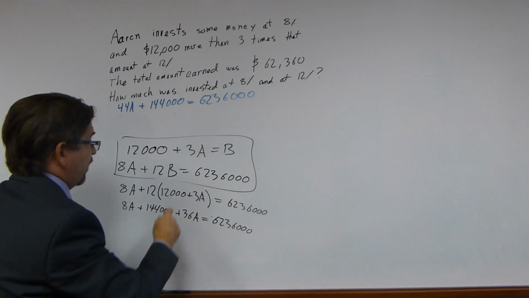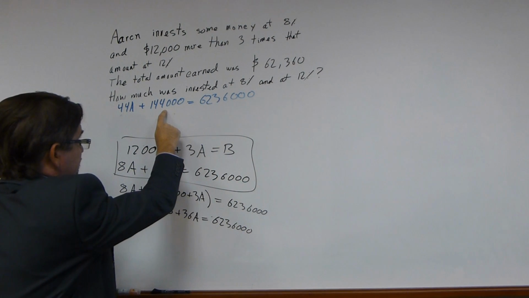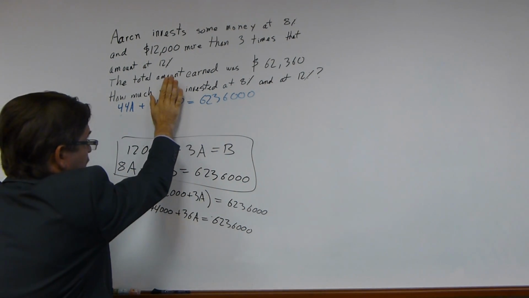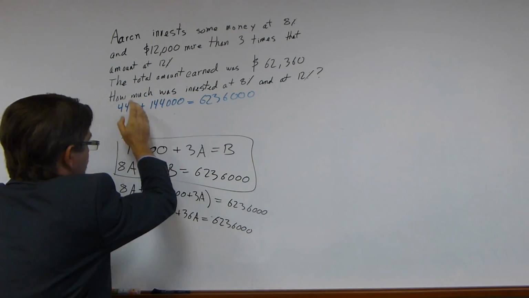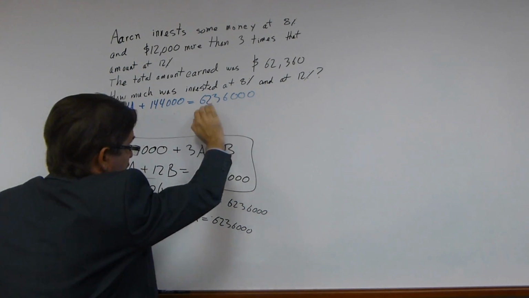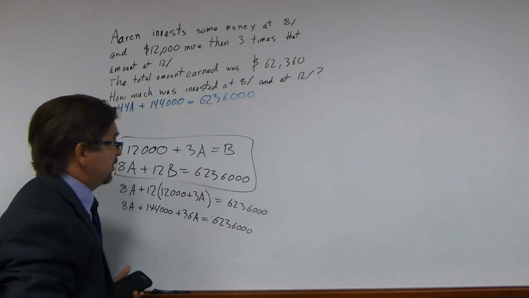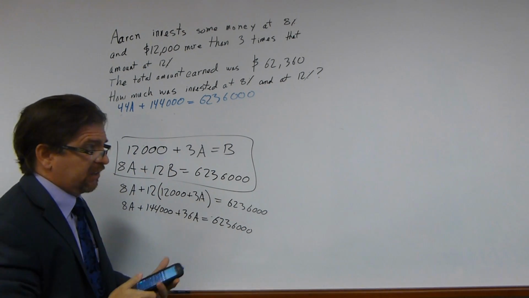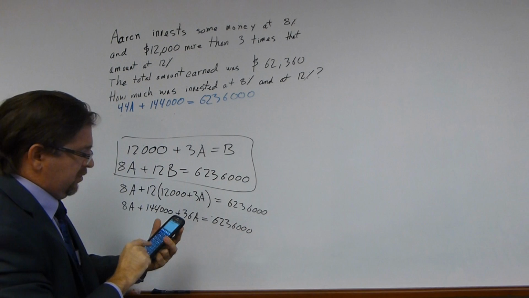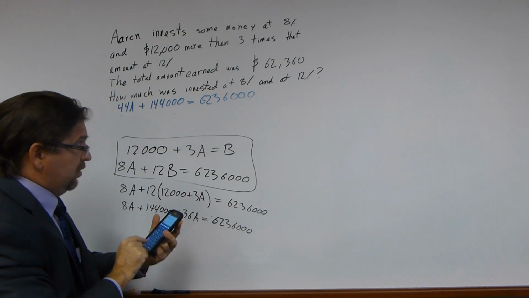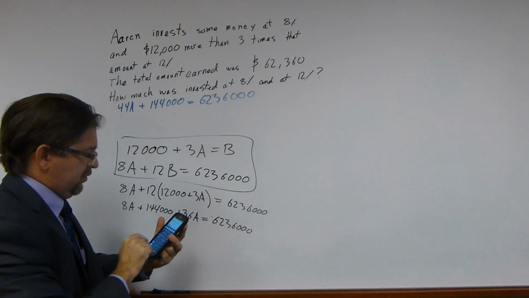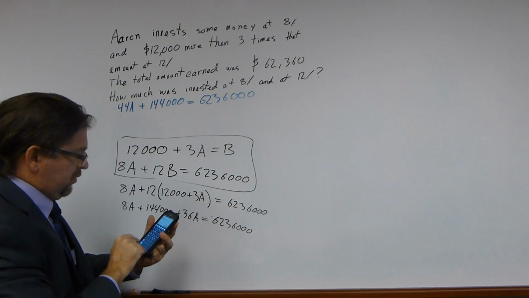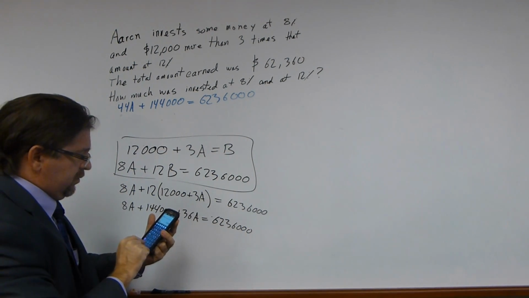I want to subtract this from both sides so that this is gone from here, and I just have a variable and some number here. I can't do that in my head. Maybe if I tried really hard. Instead, I'm going to use a calculator. 6236000 minus 144000.